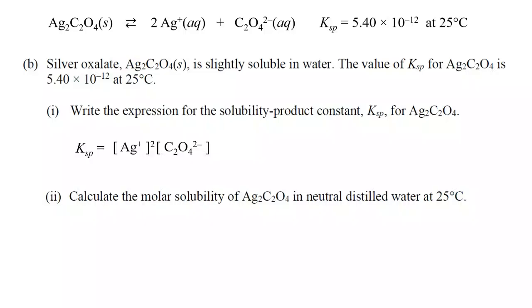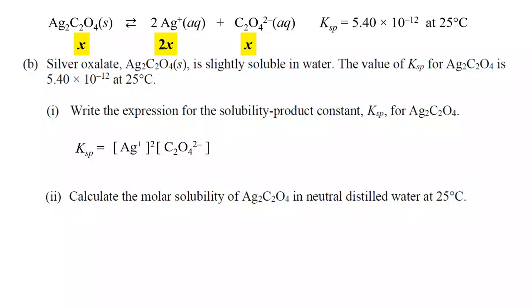So we did this back in topic 7.11, talking about the solubility product or information about Ksp. It's going to be x for the concentration of silver oxalate, x for the concentration of the oxalate ions in this saturated solution, and 2x for the concentration of the silver ions.